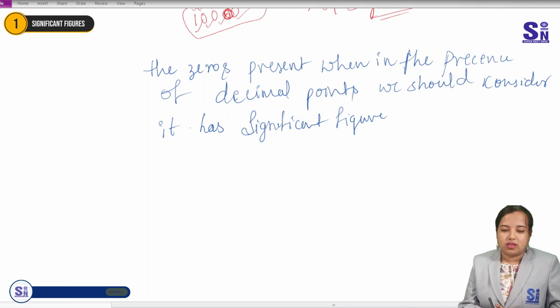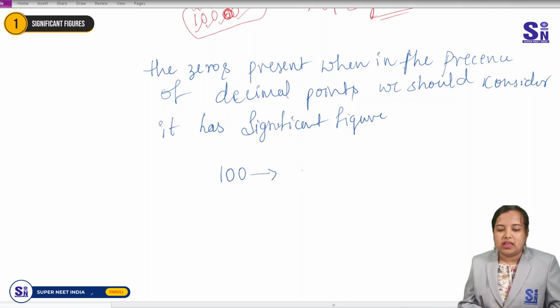See, for example, I will take one more example, 0 0. Here how many significant digits? There is only one significant digit, because these trailing zeros we don't consider.